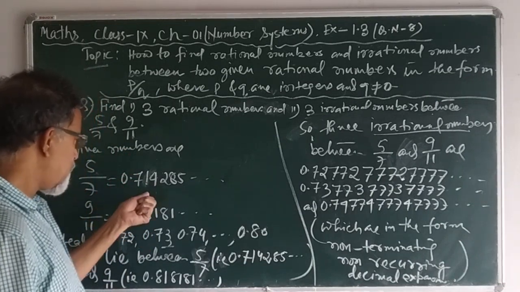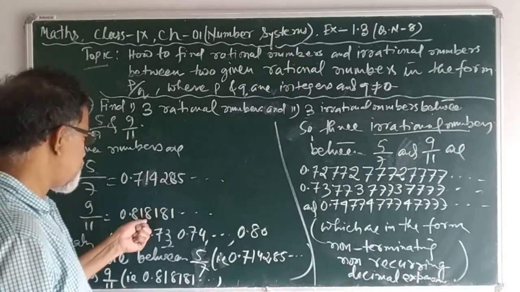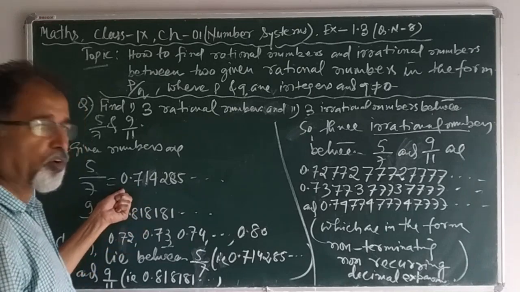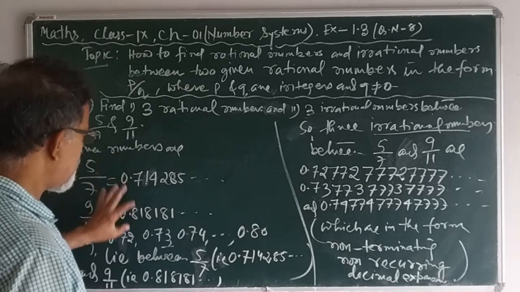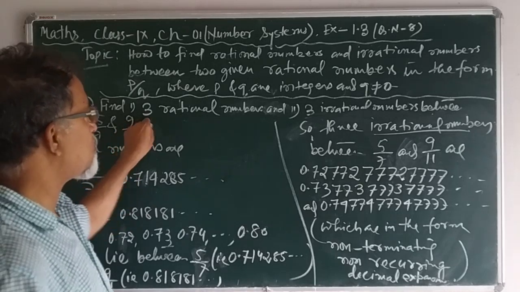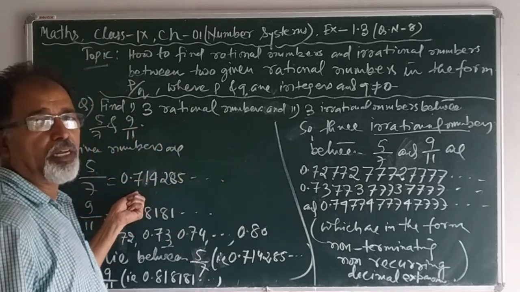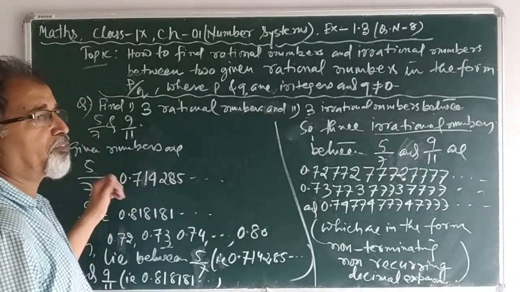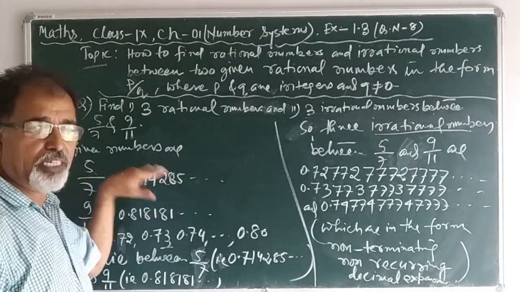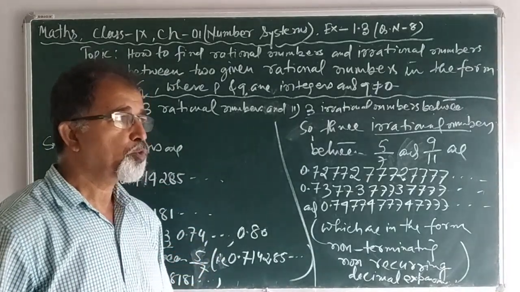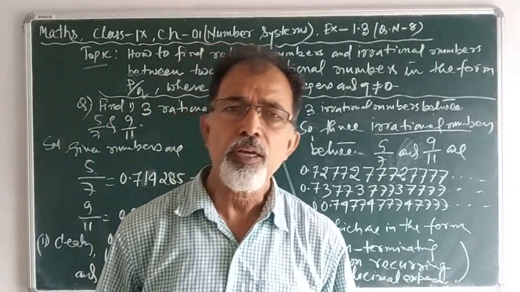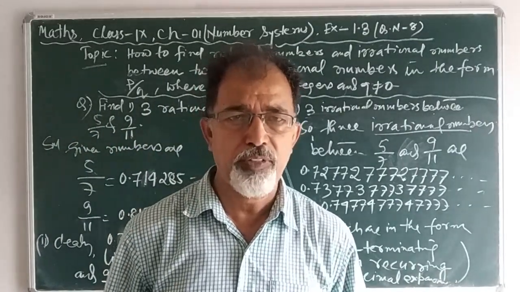There are 9 integers between 71 and 81, and we will take all 9 as 0.72, 0.73, and so on. We need only 3 rational numbers. I have got 9 rational numbers, and from these we will write 3 rational numbers and 3 irrational numbers. And today only this much. See you in the next class for the rest. Thank you.